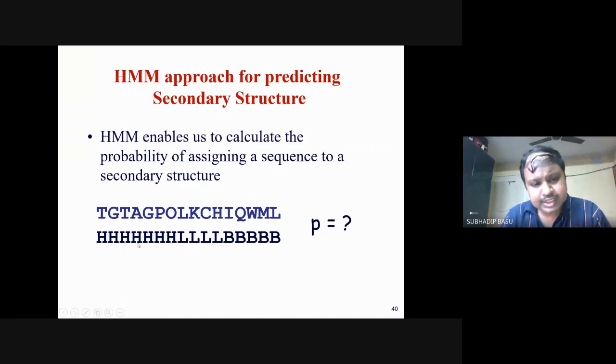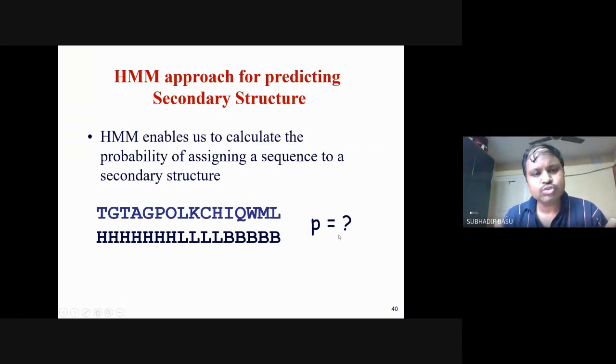Okay, so HHH loop, and this is beta strands or sheets. So helix, loop, and beta strands.